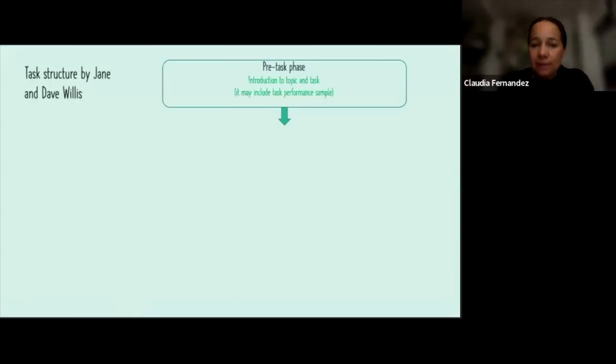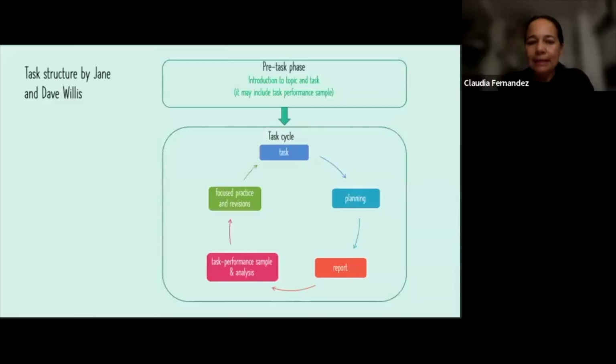We have the pre-task phase, right? And then after this phase, the students start with a task cycle. You can see here that the task cycle starts right away with the task. Students start with a task with their own resources. When they finish, they get together to plan how they are going to report the findings to the class. Then they actually do the report. After they have finished doing that, the students try to compare what they did, the task performance, with a sample of a task performance done by more proficient students, or how people usually perform this task.